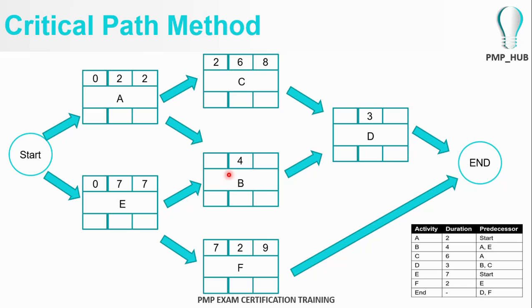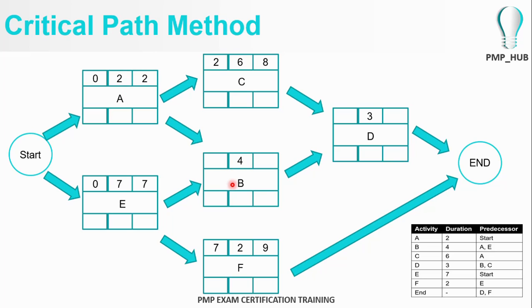Now let us look at activity B. Activity B waits for the output of activity A and activity E. Activity E's earliest finish time is 7 days, and activity A's earliest finish time is day number 2.